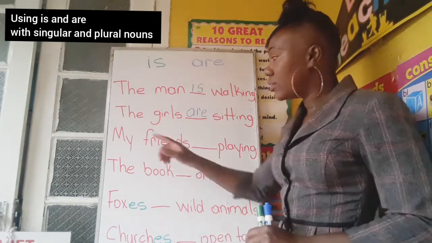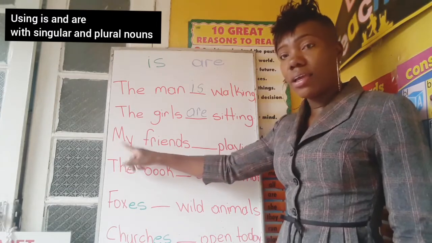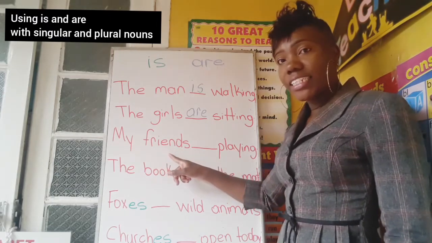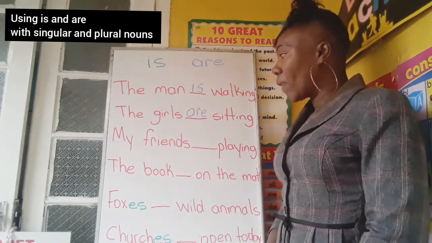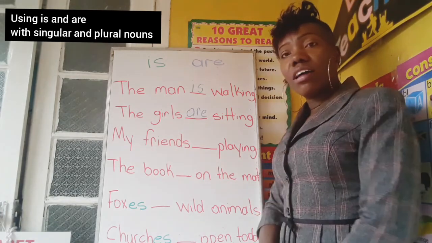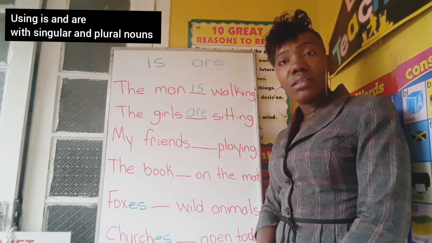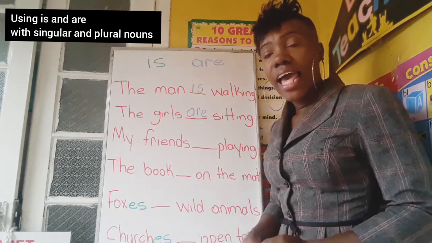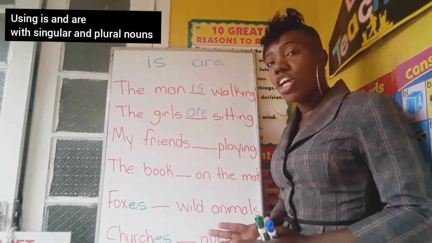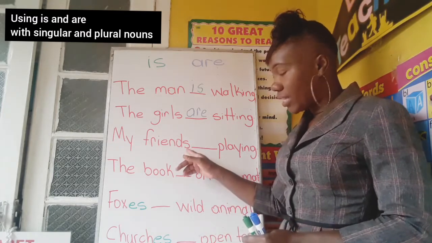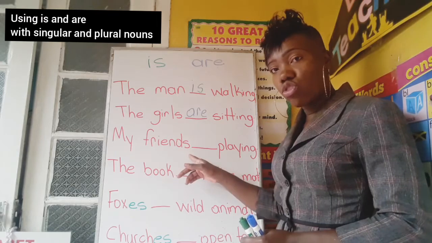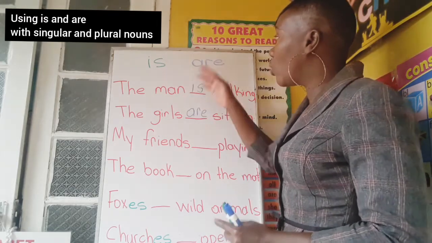Moving on. My friends playing. Now, what is the sentence talking about? My what? Friends. And is friends singular or plural? Plural. There's the S to show that it's plural. Now, which one of these words are we going to use?